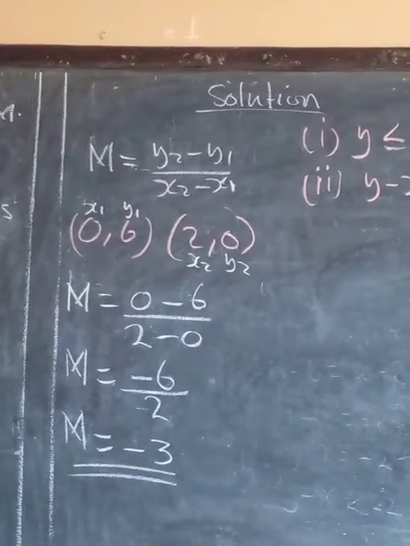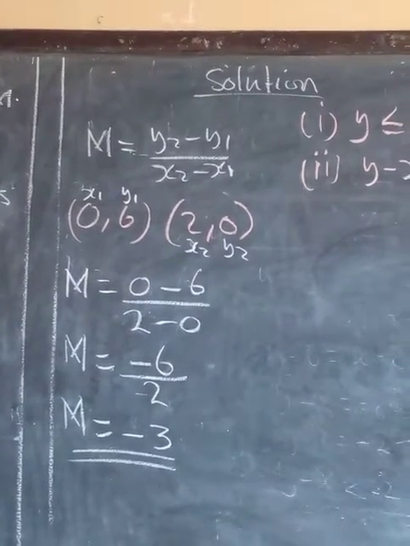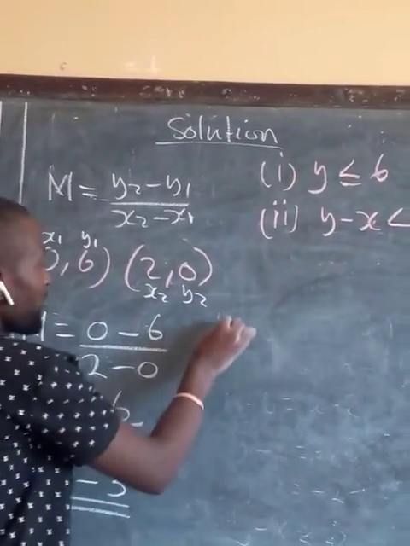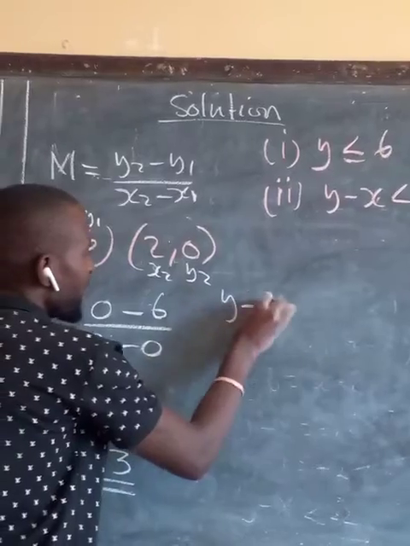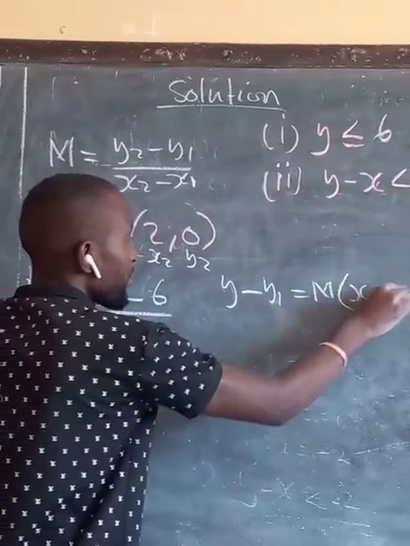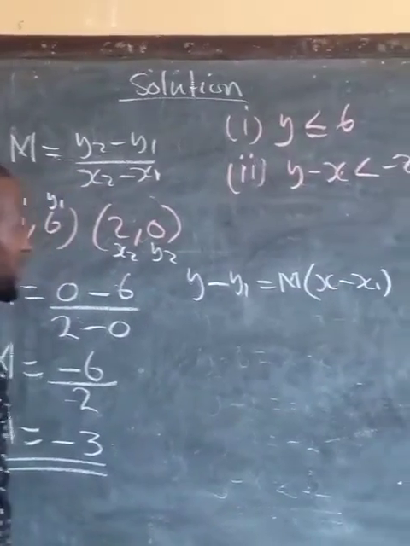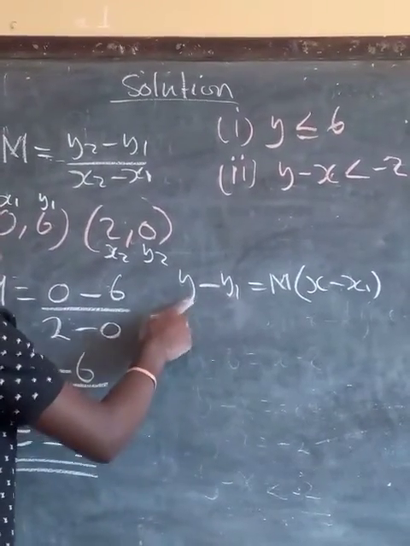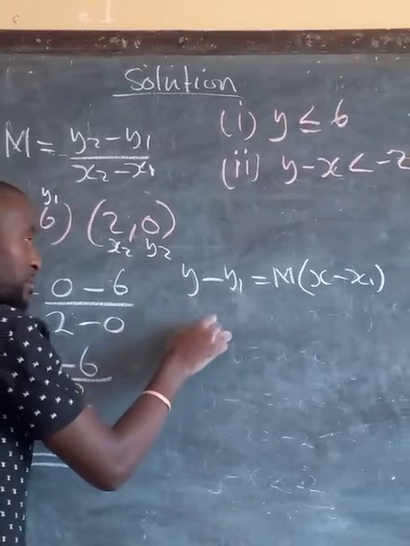Once you have a gradient, then you can find the equation of a straight line. How do you find the equation? You write the formula y minus y1 is equal to gradient, open bracket, x minus x1. Then you replace. I don't know y, so don't do anything with y, just leave it.